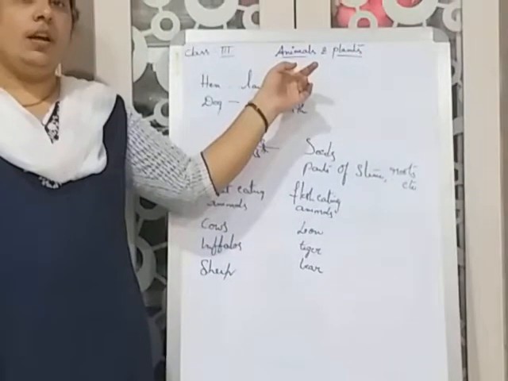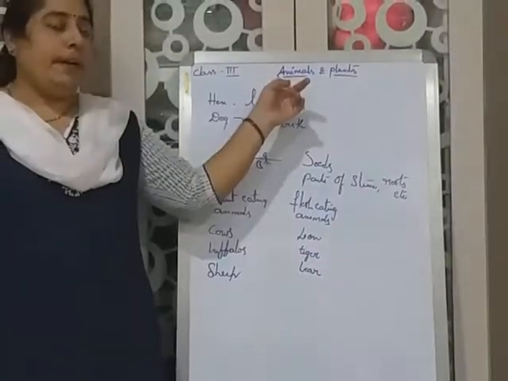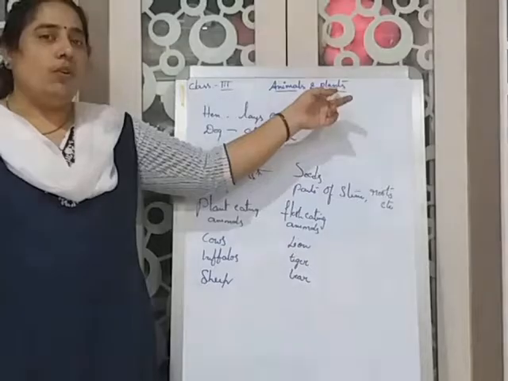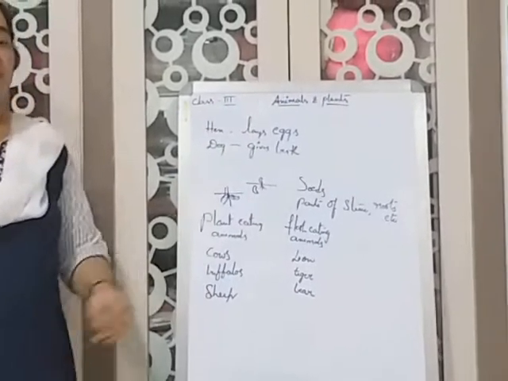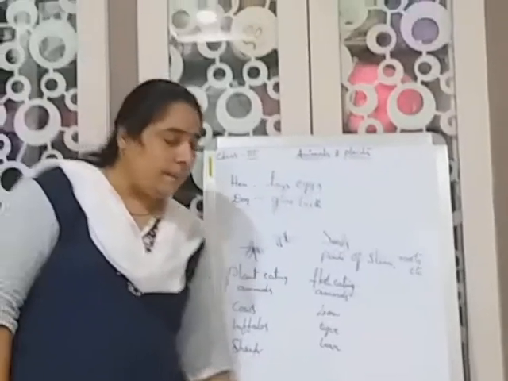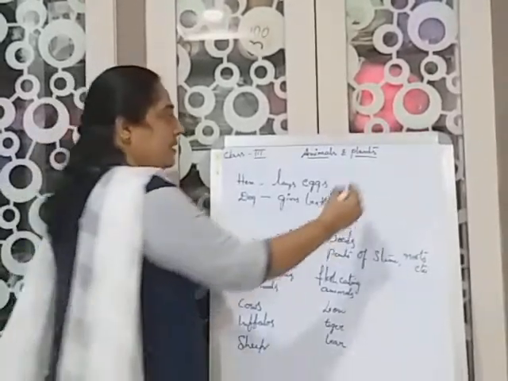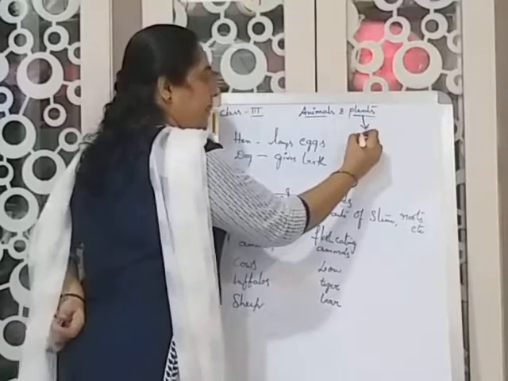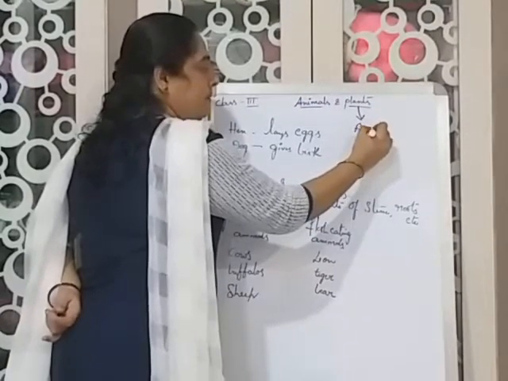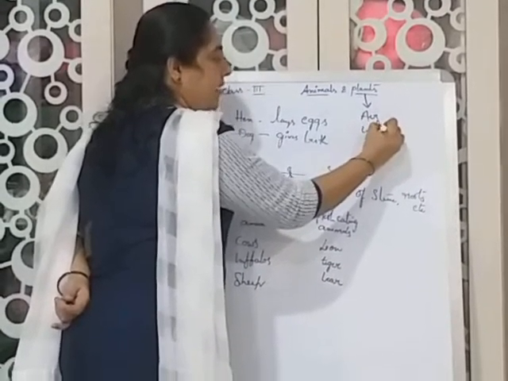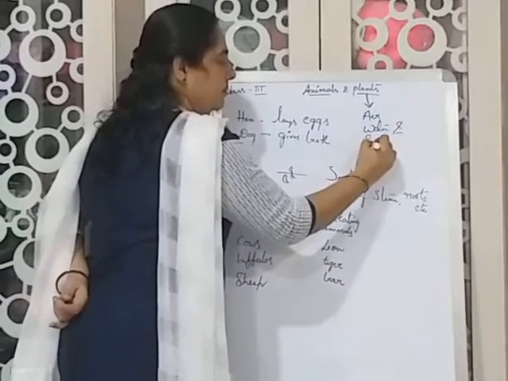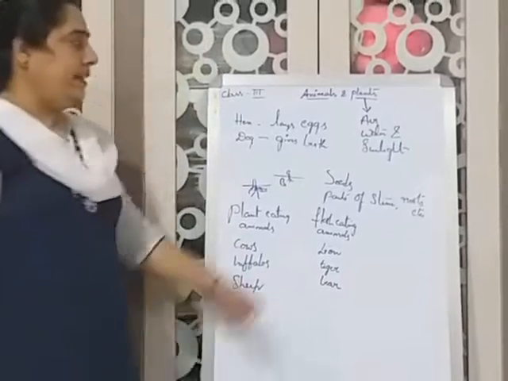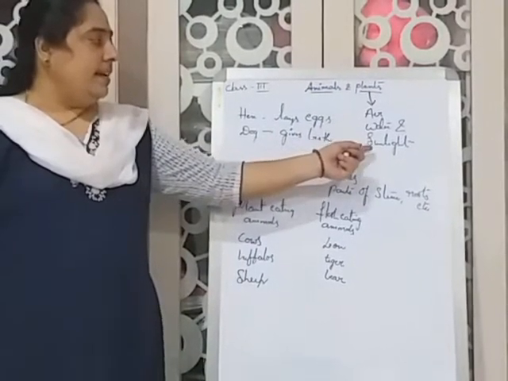Animals depend on plants and other animals. But plants prepare their own food. How do plants prepare their own food? I told you in the previous class, they prepare their own food by air, water and sunlight.